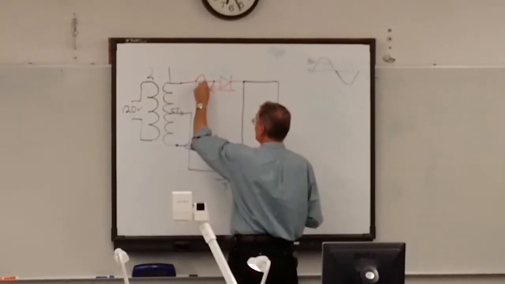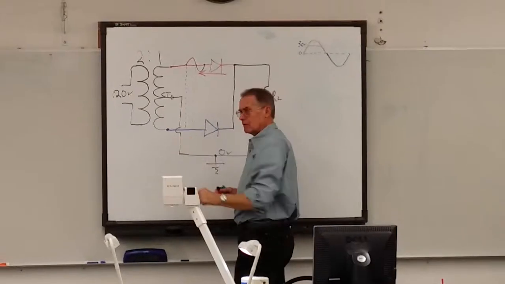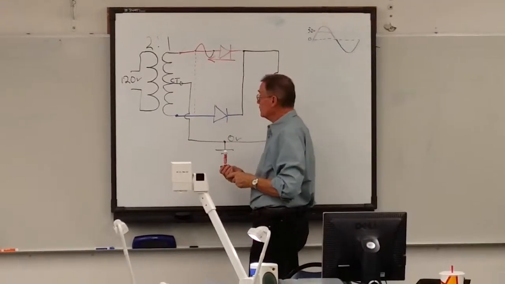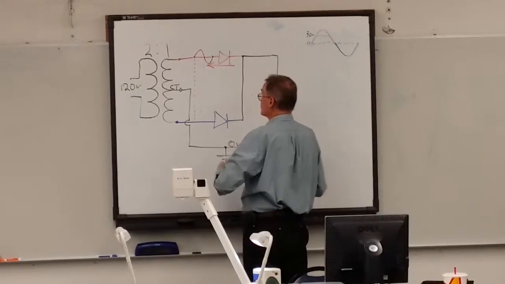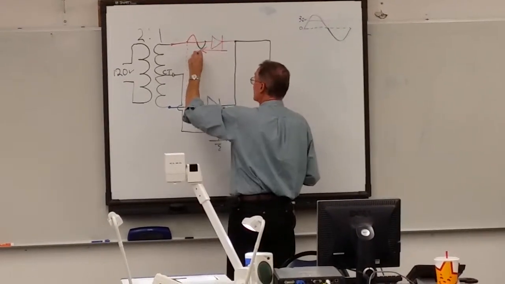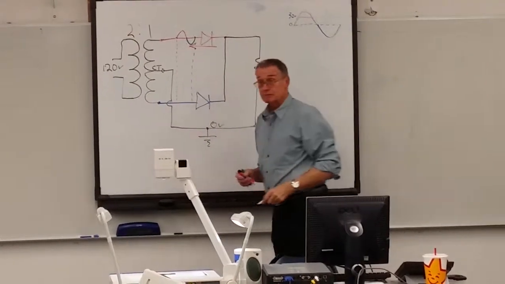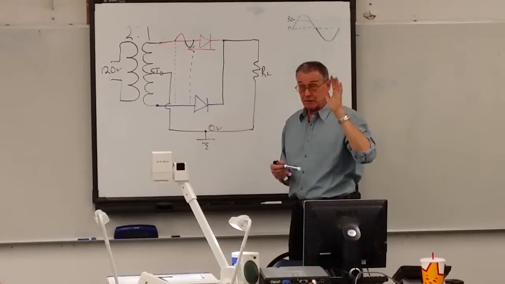If you've had 111, you know this, and I guess you all have. I want to use blue for the low for this in here. All right, and then come down here. So here's what's going to happen with the center tap. Pay close attention. It happens without the center tap also.